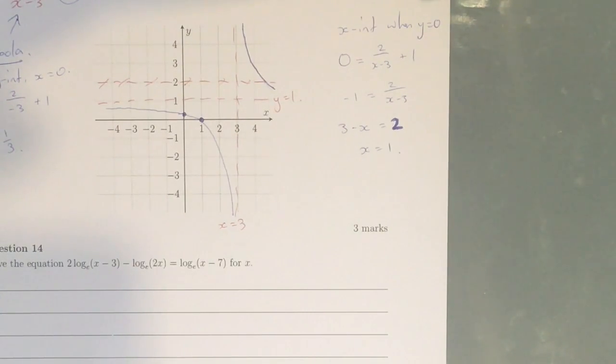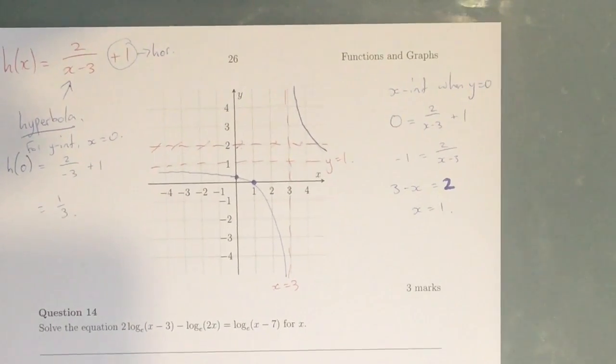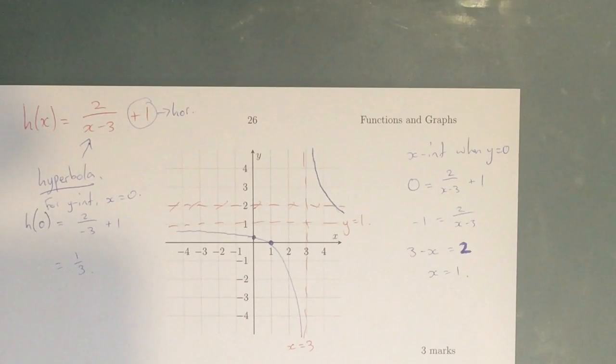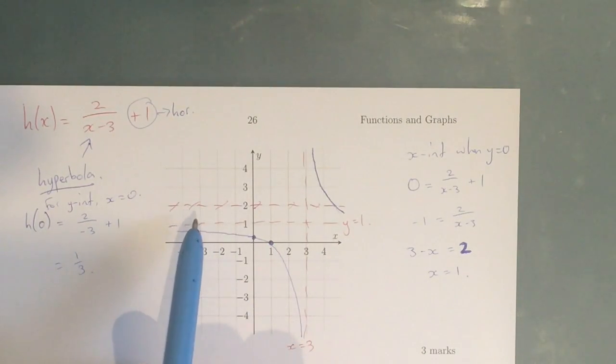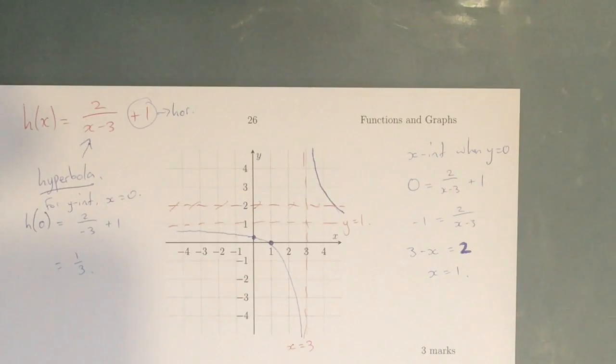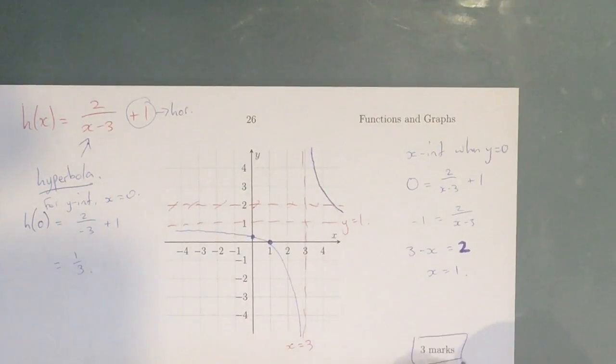In your exams, in your SACs, use a pencil. There's nothing worse than drawing on an axis that's been given to you in pen and it's wrong. So use a pencil, unlike I've just done, which I should have done because this is the perfect example. If I'd drawn this in pencil, I could have just rubbed it out. So use your pencil, that's worth 3 marks.